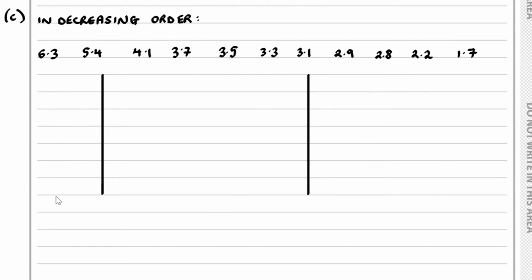We've got this column where we will be labeling our bins, this column what we will put into the bins, and in this column the remaining space in the bins. So we first of all open up a new bin. We'll call this bin 1. And in bin number 1, we've got space 11.5.